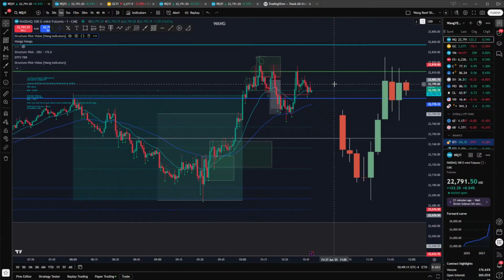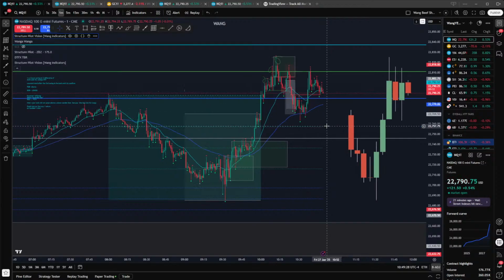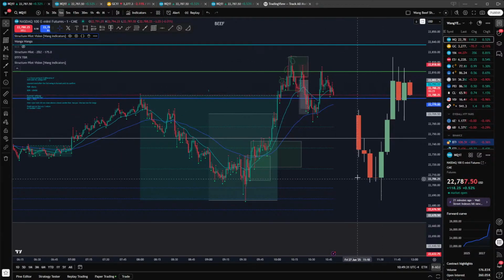All right. Same setup. Just need a more convincing close below this up candle that's here.